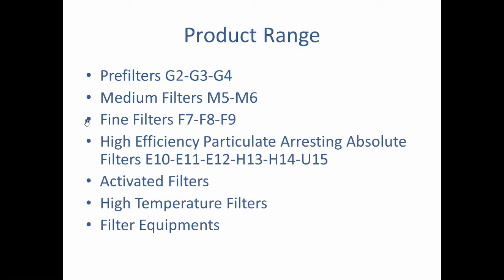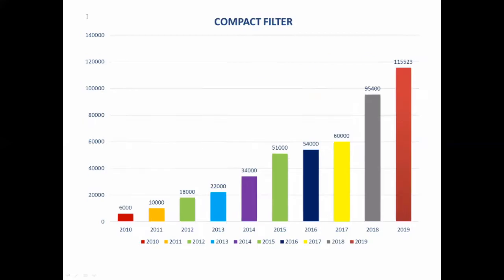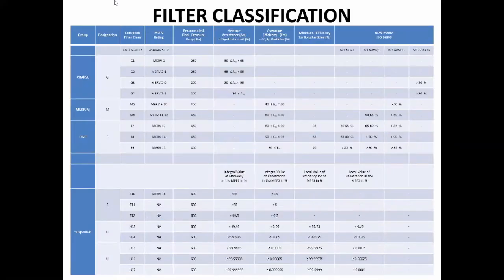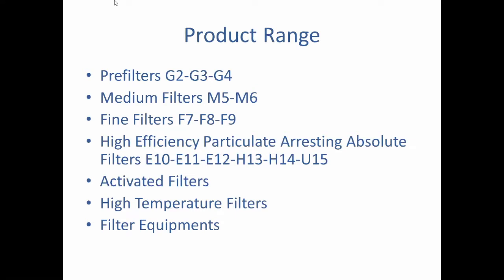We have medium filters, M5 and M6. Sorry. I will go a little bit faster with the table. The medium filters from M5 to M6 are also with synthetic media or glass fiber media.